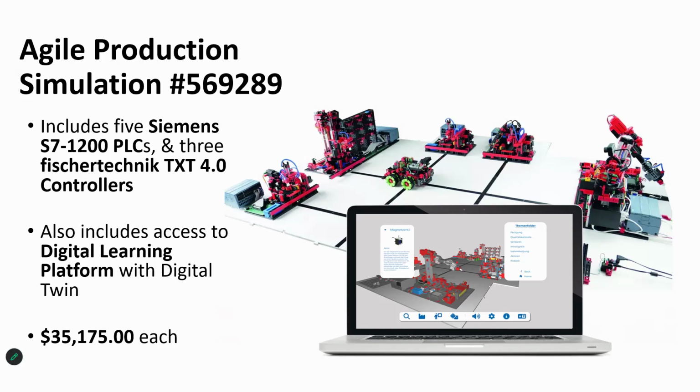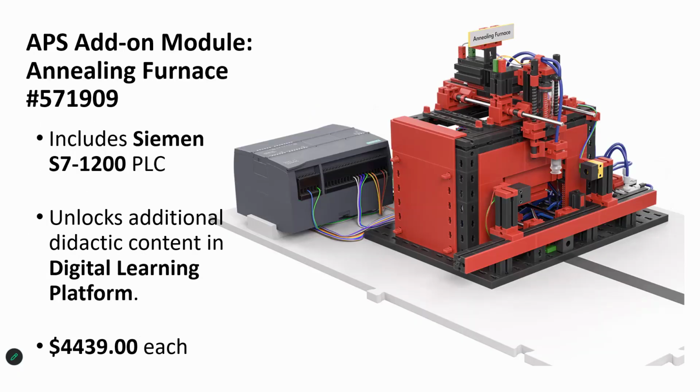Again, it includes 5 Siemens S7-1200 PLCs and 3 fischertechnik TXT 4.0 controllers within the scope of delivery, as well as access to the digital learning platform with the digital twin. The cost for the APS is $35,175.